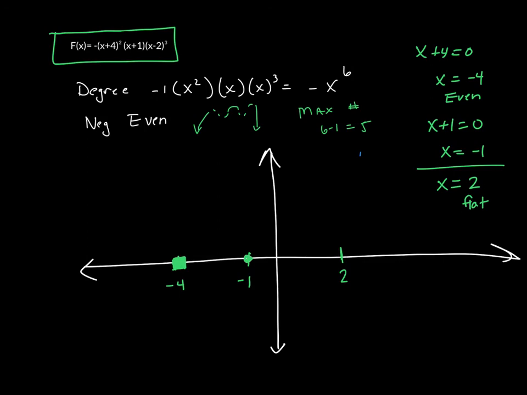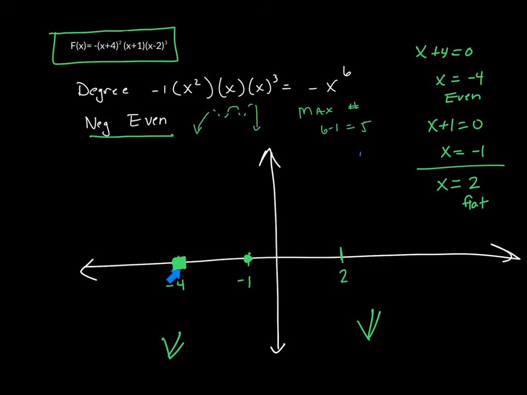Now, how we're going to find out is, remember, we're going back to the fact that this is an even negative. So it means it's going to start going down and end going down. When I'm doing my graph, I always go from left to right. So I'm starting here.